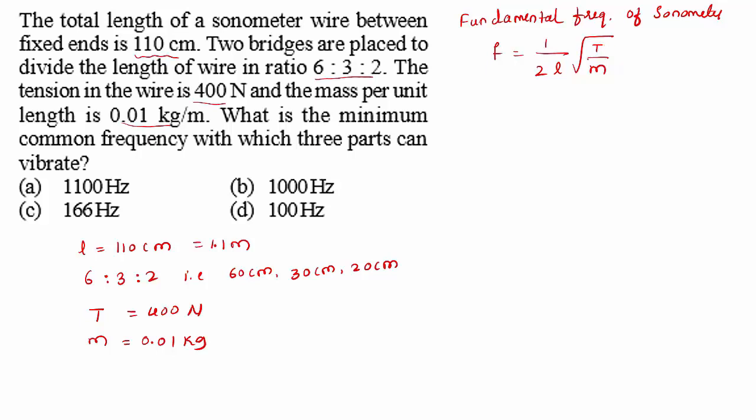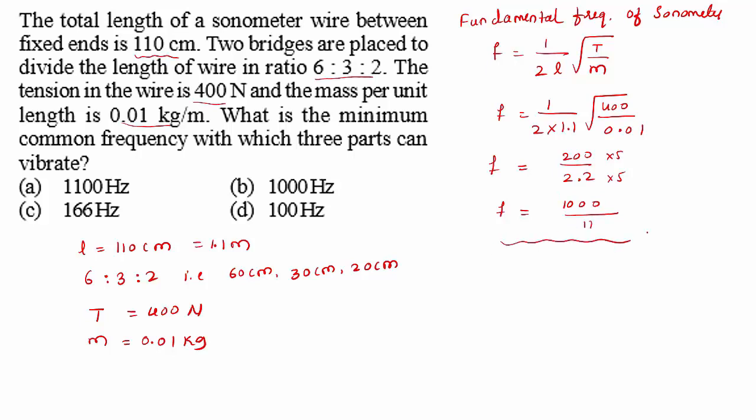So f equal to 1 divided by 2 into the total length, which is 1.1 meter, root of 400 divided by the mass, that is 0.01. So we can calculate this value. We will get f equal to 200 divided by 2.2. Or we can multiply both values by 5. So we will get 1000 divided by 11. So this is the common frequency.